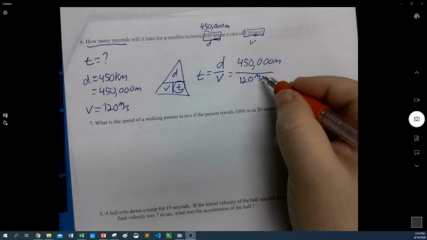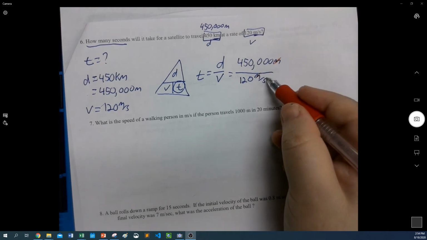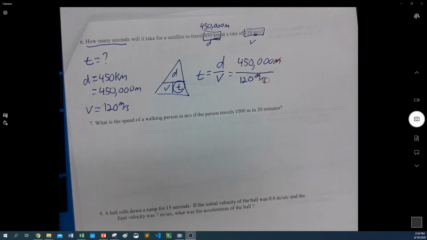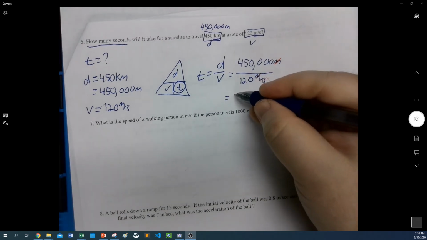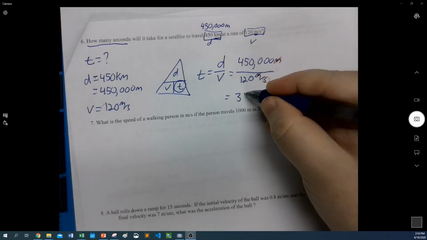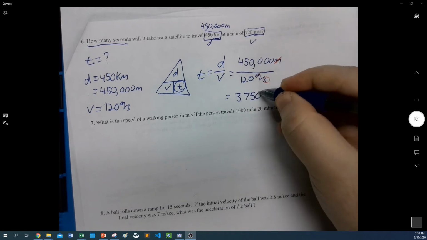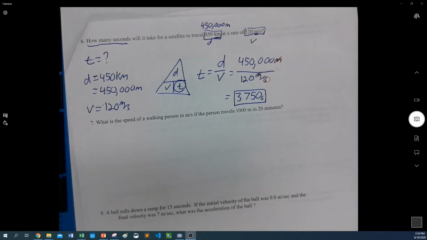Note the meters will now cancel each other out, leaving you with just seconds. So that would give you 3,750 seconds. So pay attention to units.